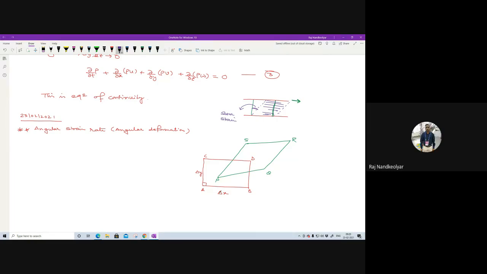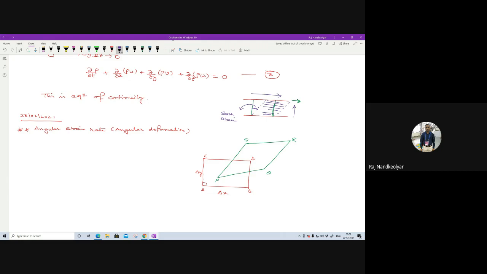So the same thing is happening here, but here we are also considering deformation in this direction. In this figure, what I've drawn here, we are allowing the fluid to move in this direction only, along the x-axis.